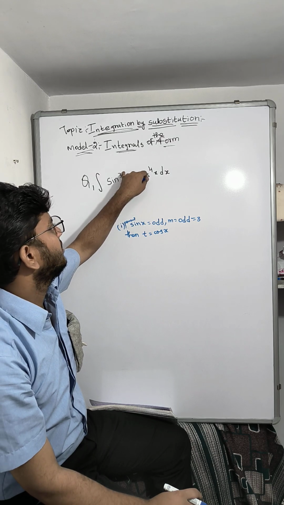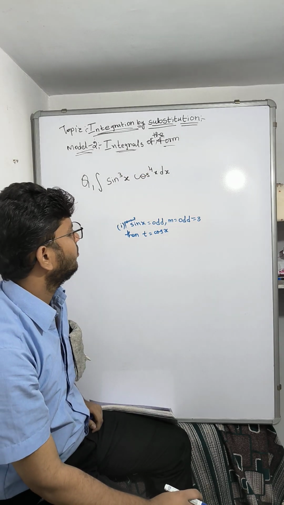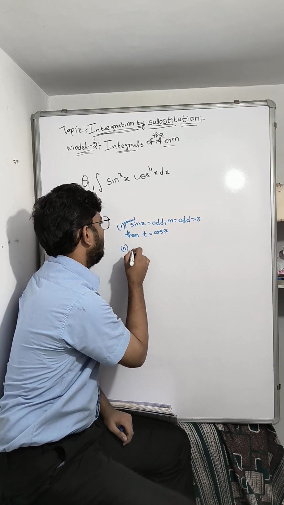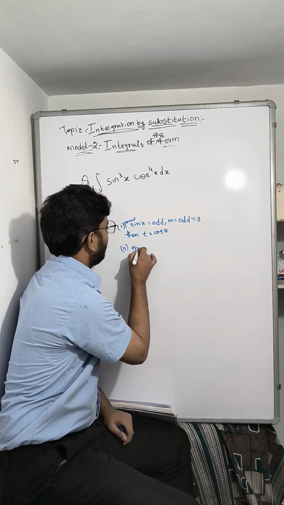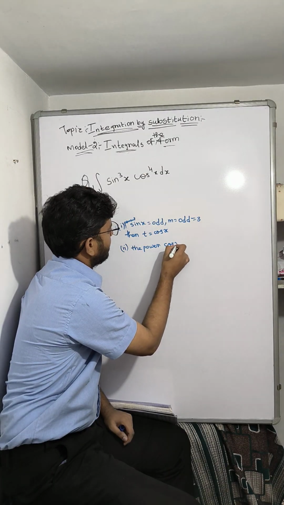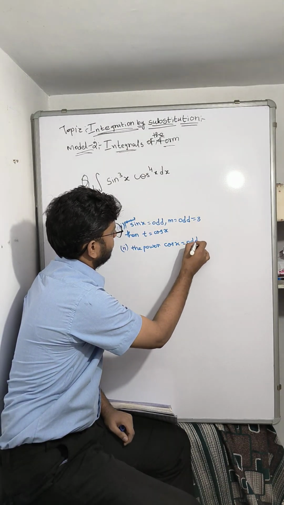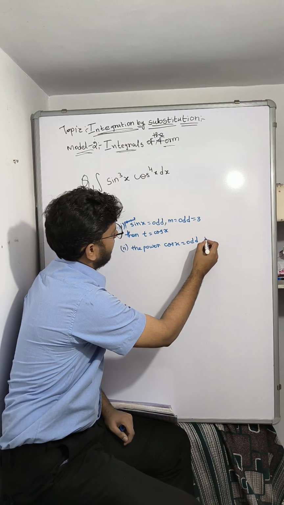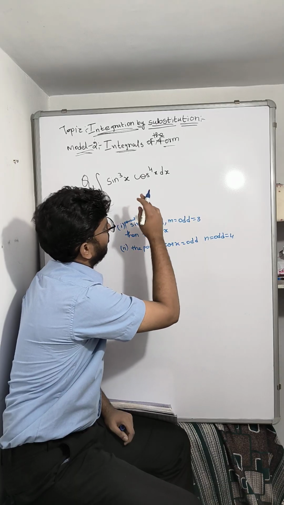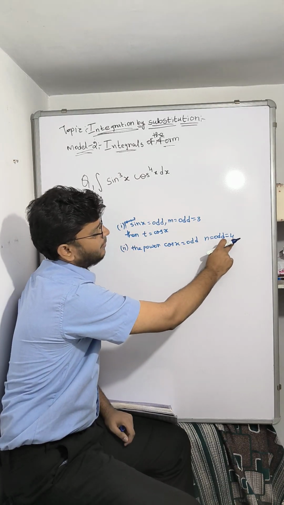The power of sin x is odd. Next one: if the power of cos x is odd, then n is odd. Here it is 4, is this an odd number?